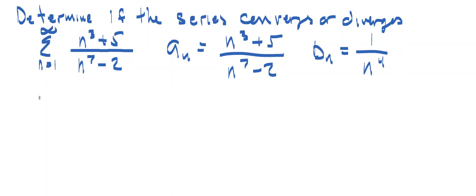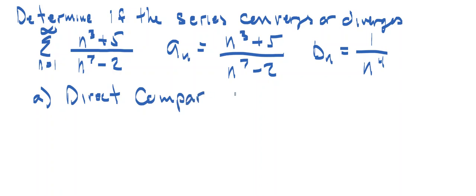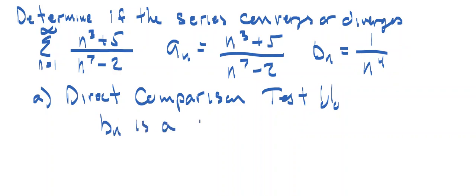Now, first of all, we want to use the direct comparison test. For homework problems, I want you to do all of the problems both ways, showing all the wonderful work. Yay. So, b sub n is a converging p-series.